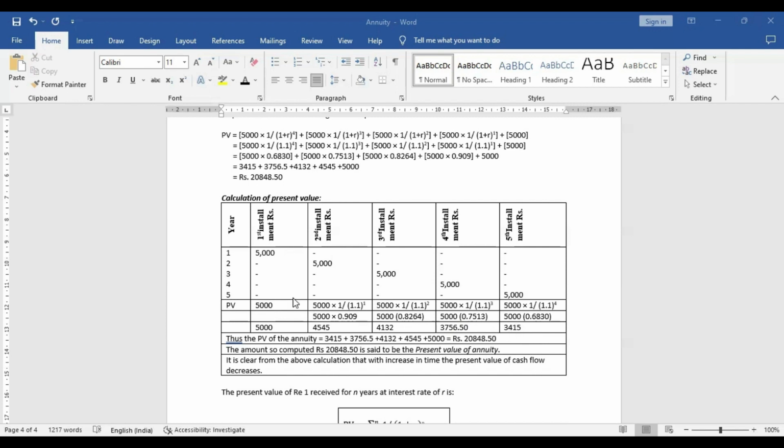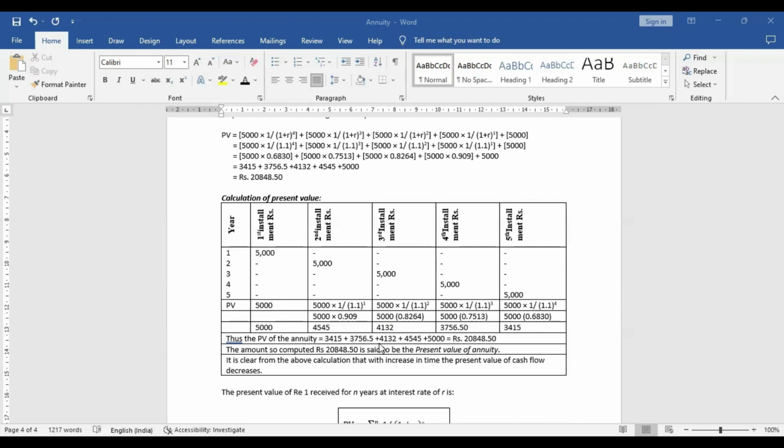That means the value of rupee 1 remains as 1 in the 0 year. This is the 0 year. In the first year, the value of rupee 1 becomes 0.909 if depreciated at the rate of 10%. It will become 0.826 in the second year, 0.751 in the third year, and 0.683 in the fourth year.